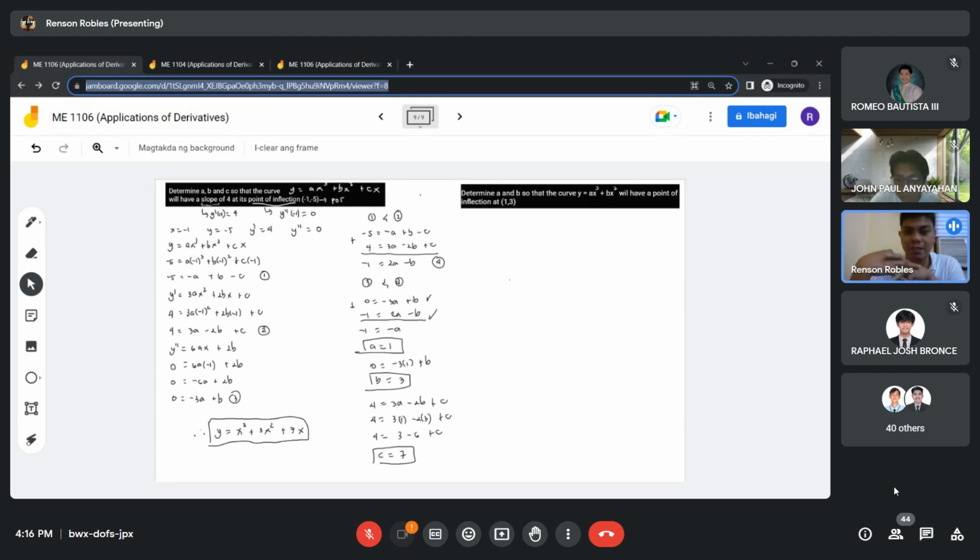Okay, same problem. Determine A and B so that the curve y equals ax cubed plus bx squared will have a point of inflection at (1, 3). Again, you have point of inflection. That's the second derivative. You do it first.